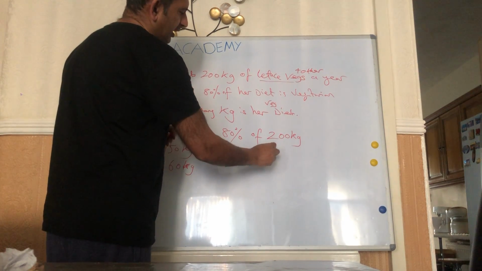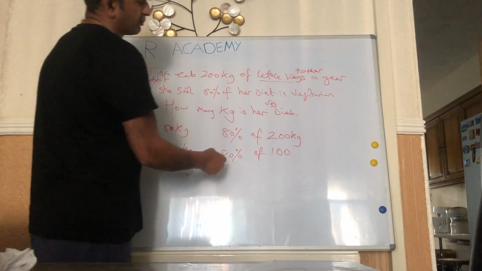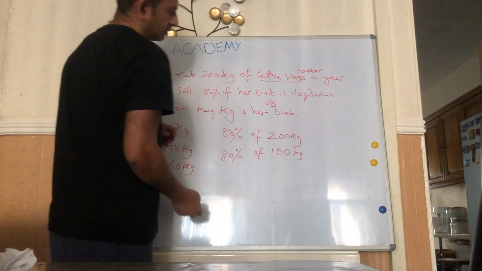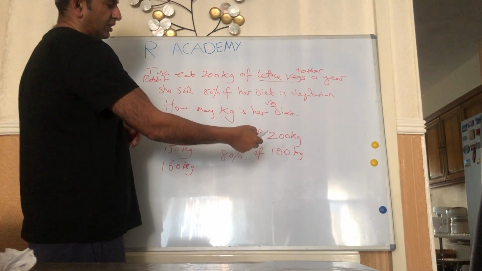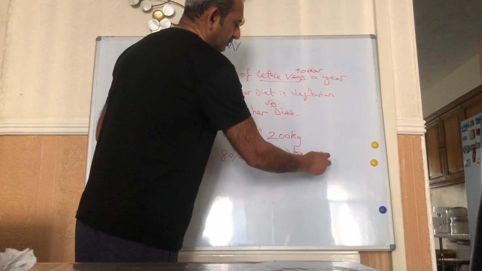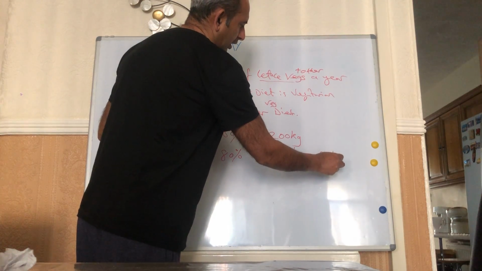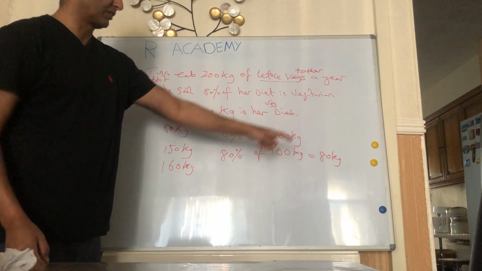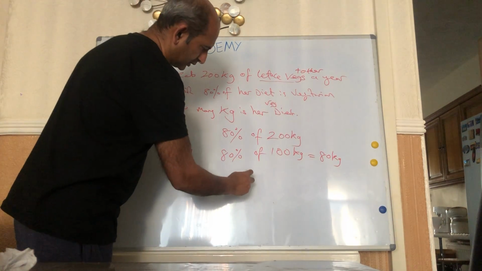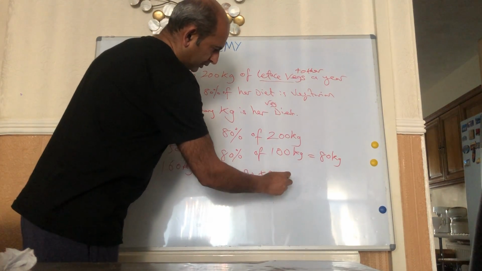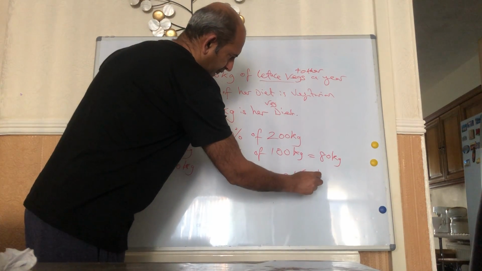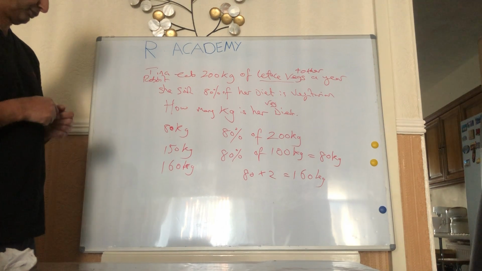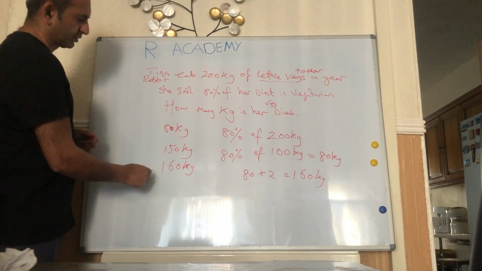Because you know anything of 100 is the same number, yeah? So 80% of 100 kg equals 80, yeah? And then, because we halved it there, we have to double it back up, the answer. So 80 times 2 equals 160. So that's nice and easy. And we know the answer now is this one.